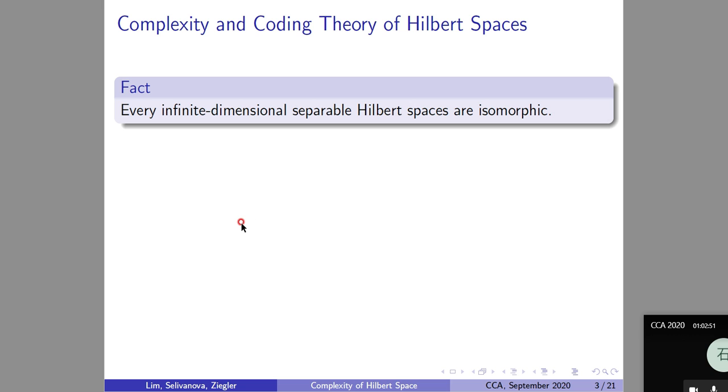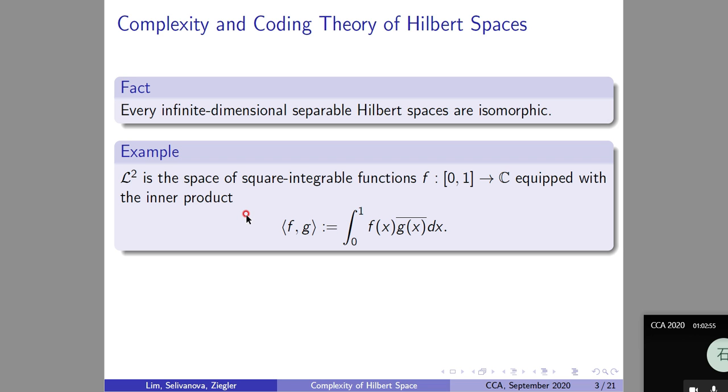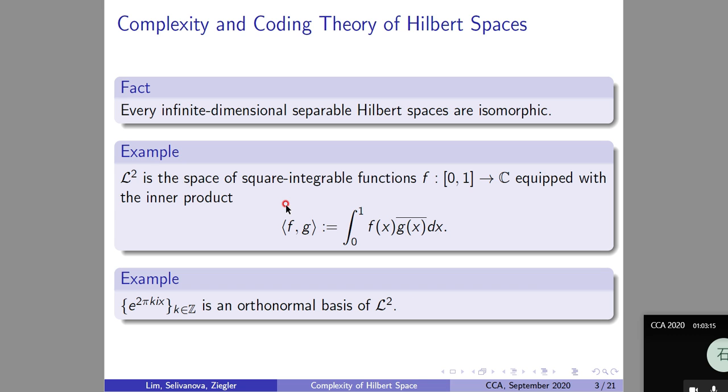The title of this talk is Complexity and Coding Theory of Hilbert Spaces. There's this fact that every infinite dimensional separable Hilbert space is isomorphic, and this is the Hilbert space. Large R2 is the space of all square integrable functions defined on the unit interval, and the inner product is defined in terms of the integration from 0 to 1.